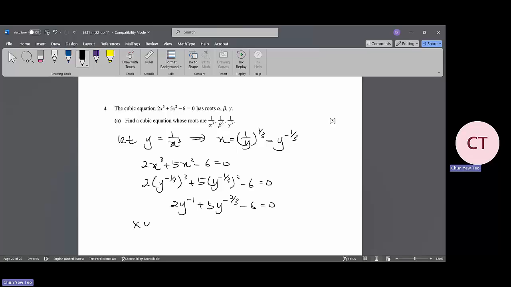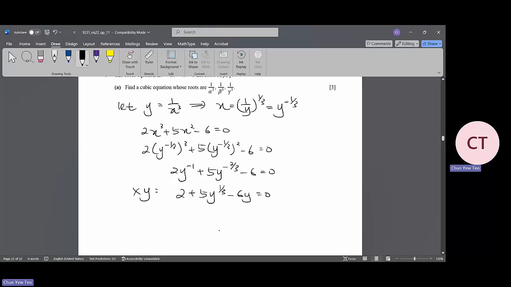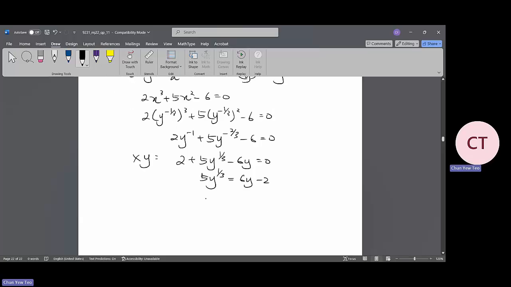I think I prefer to multiply everything by y. So I get this. Then I separate the y with fractional powers and the y with integer powers. Separate them in this way.